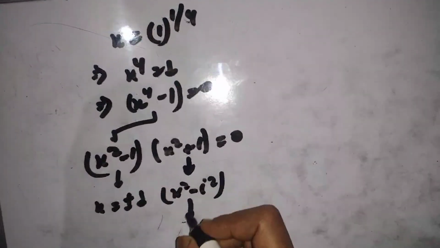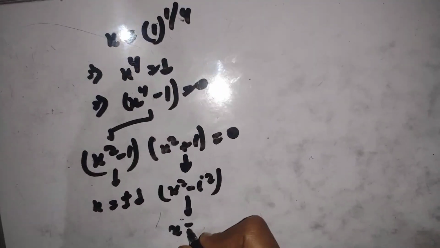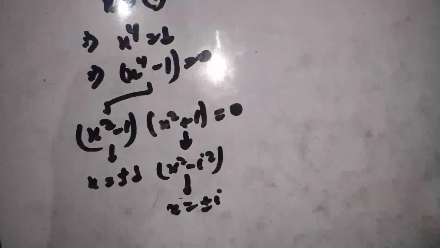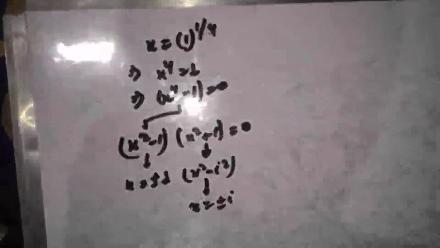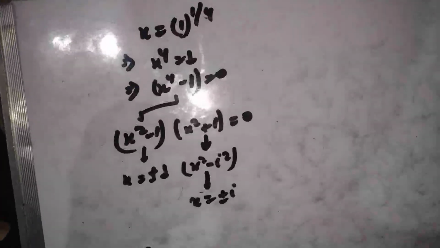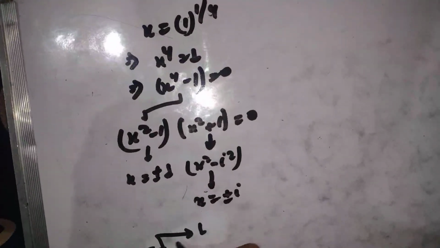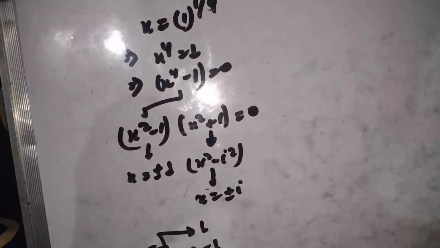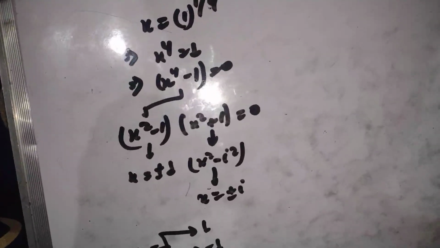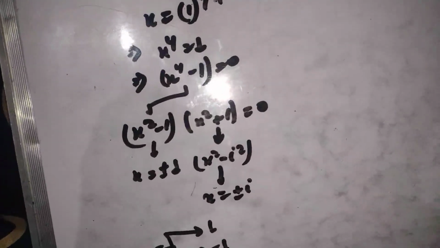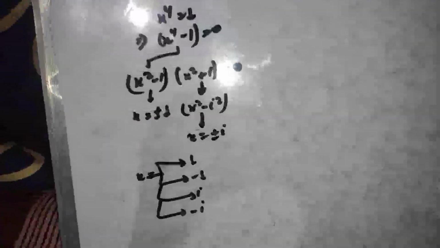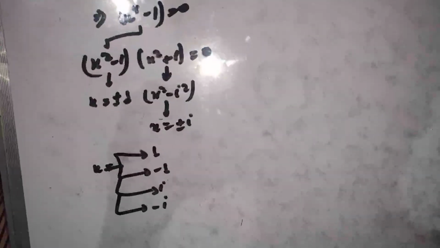So this will give us the roots x equals plus minus iota. So we are getting 4 roots: 1, minus 1, iota and minus iota.